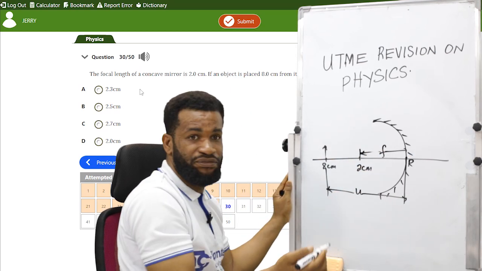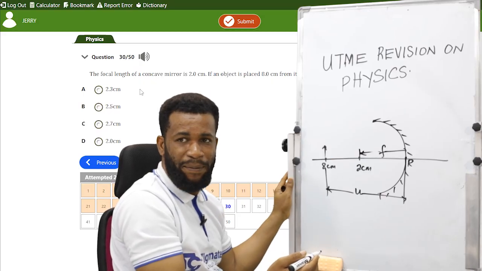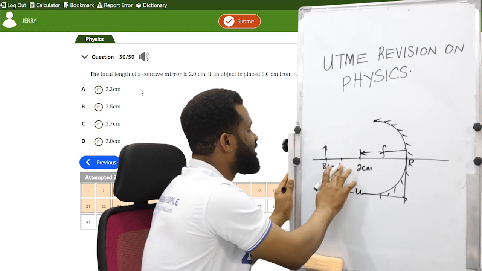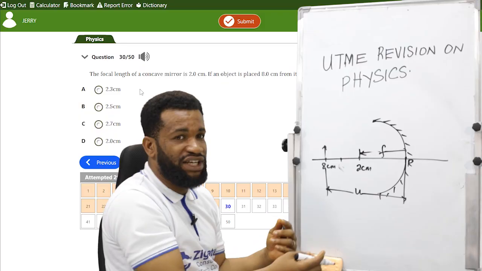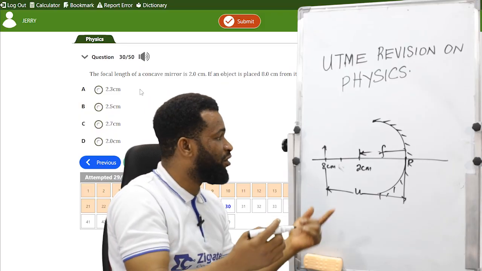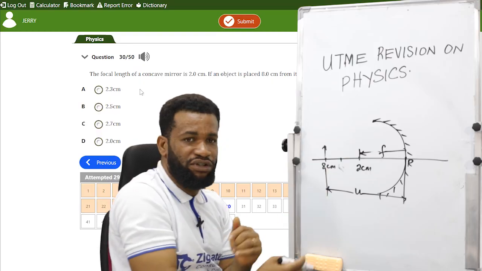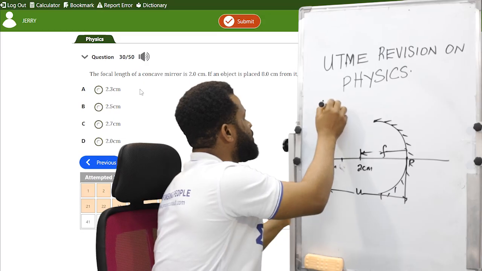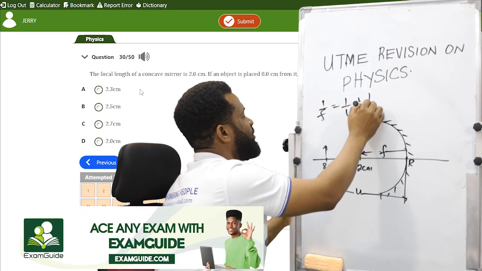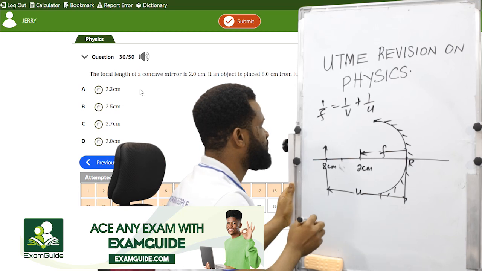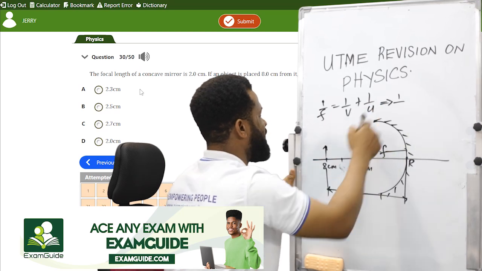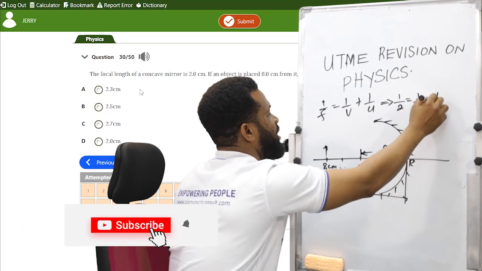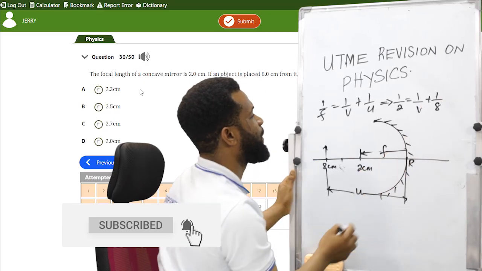We are looking for V. Remember that this place is 2F, so the object is actually beyond 2F. Now I'm going to use 1 over F equals 1 over V plus 1 over U. I know F, so 1 over F is 1 over 2, equals 1 over V, which I don't know, plus 1 over U, which is 1 over 8.